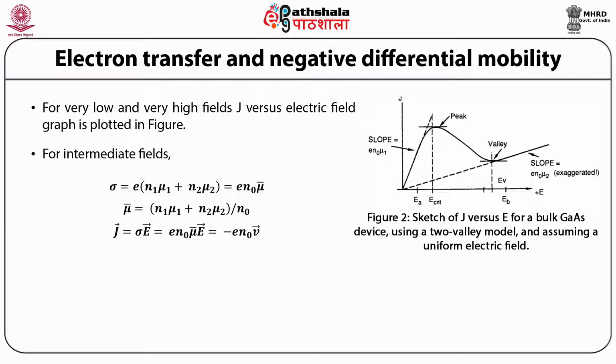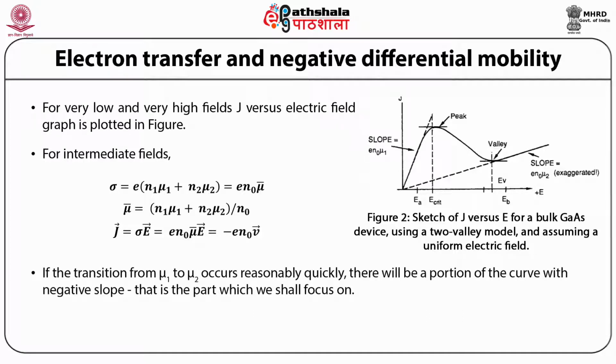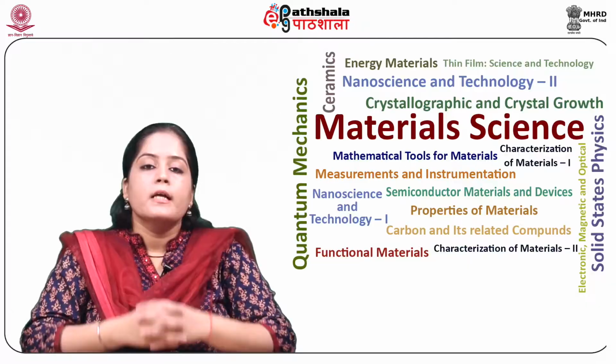So if we guess the shape of the connecting part of the full curve, we arrive at something like that shown in this figure. If the transition from mu1 to mu2 occurs reasonably quickly, there will be a portion of the curve with negative slope. That is the part we shall focus on.